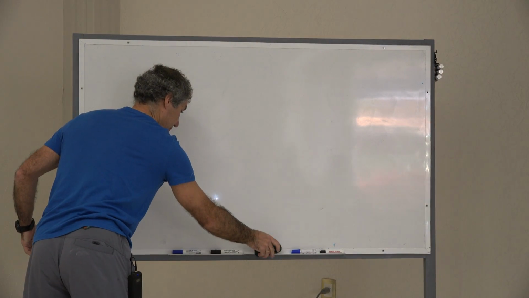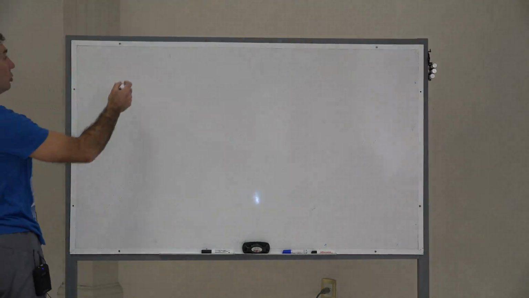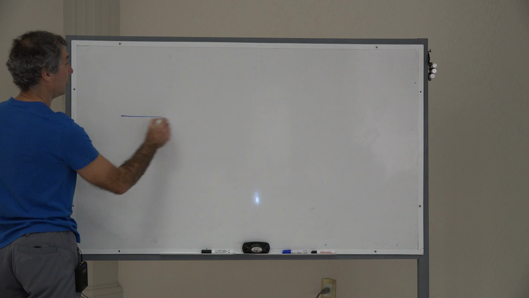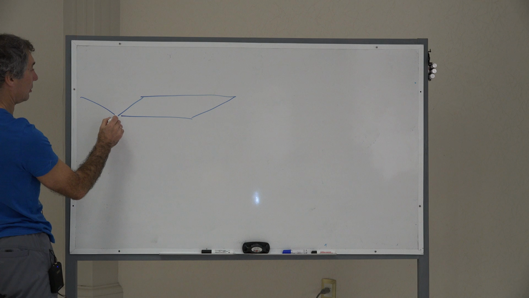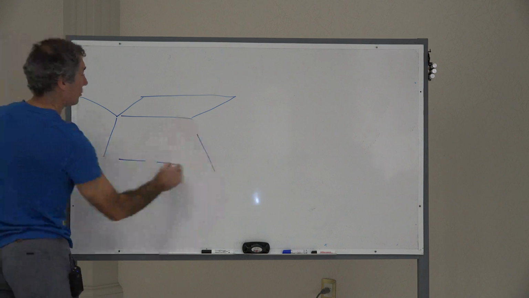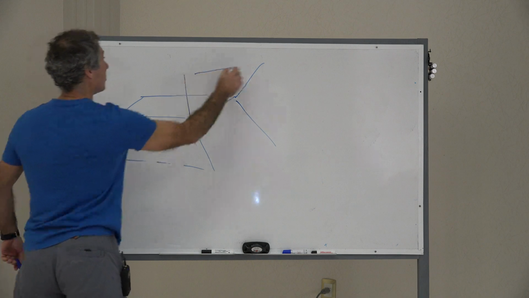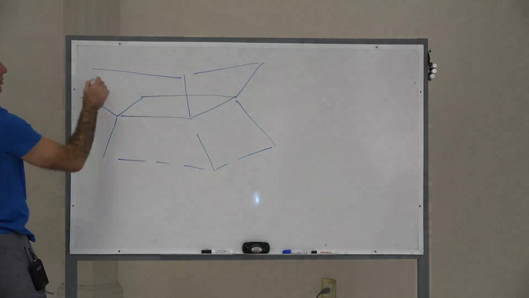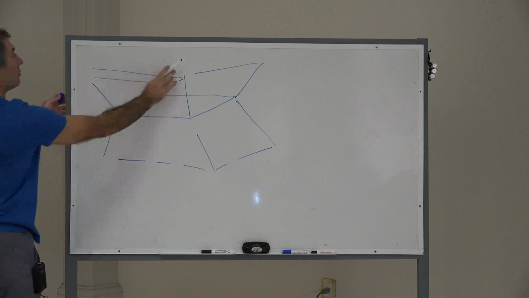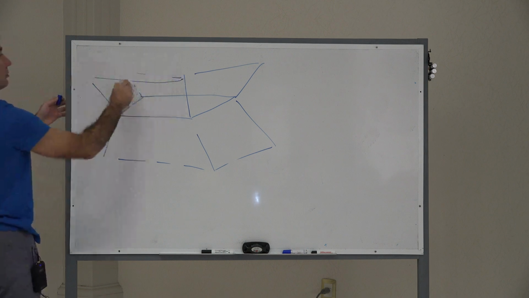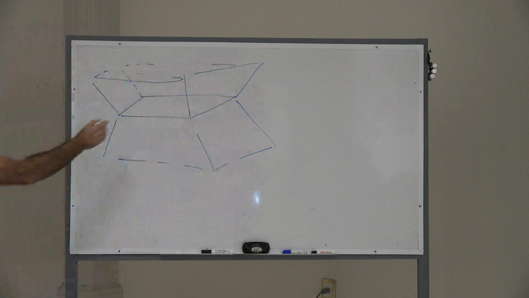If you have an edge, again in a triangulation, that corresponds to the two-dimensional face of the surface, something like this. And what does the sphere look like?